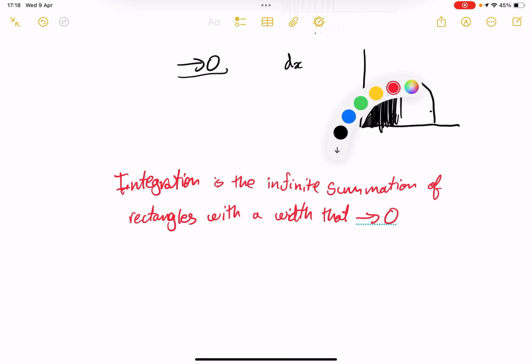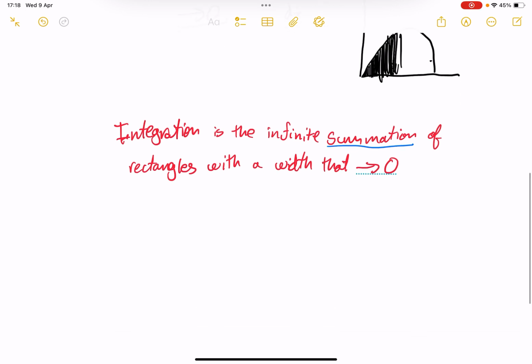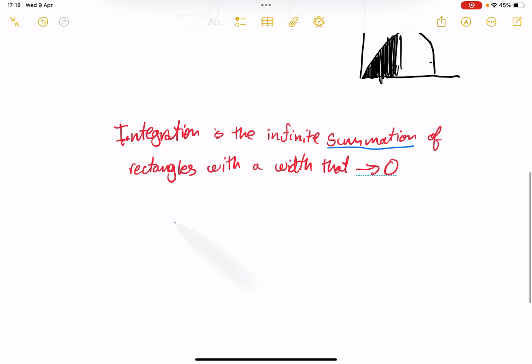Now, we might have the definition, but how might we actually translate this into symbols? So let me help you out a bit. When we talk about integration and the infinite sum, since integration is clearly the summation of these infinite rectangles with a very thin width, the sign we would actually use for summation is not exactly the addition sign, but rather we would use this sign.